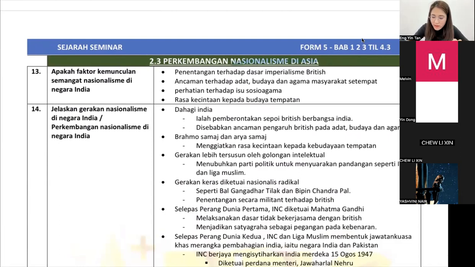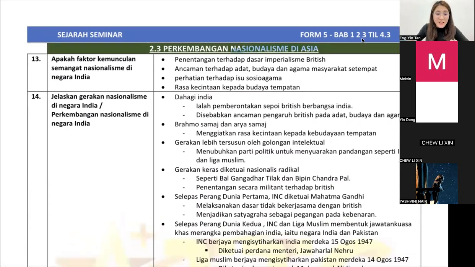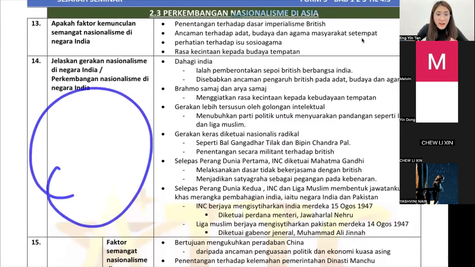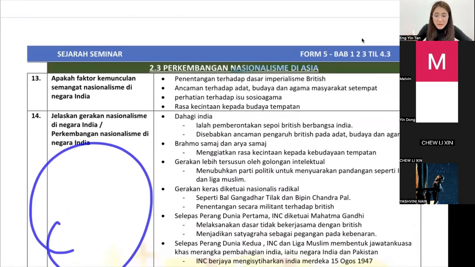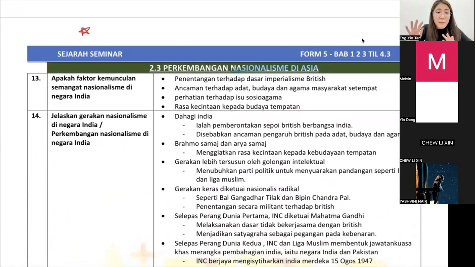So what you need to do is put a big star at the corner here or at the top here, sama saja. Understand the concept and apply this to the nota and you can memorize it easily. That's how I remember lah. That's how I study my sejarah.